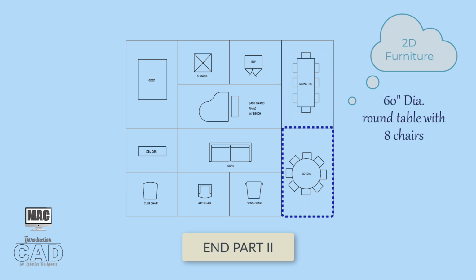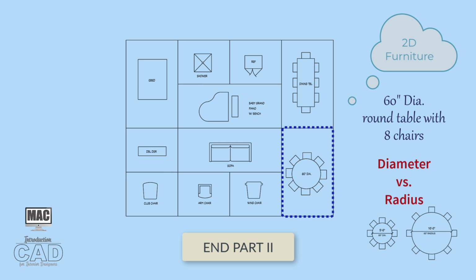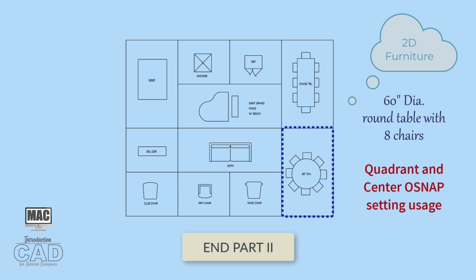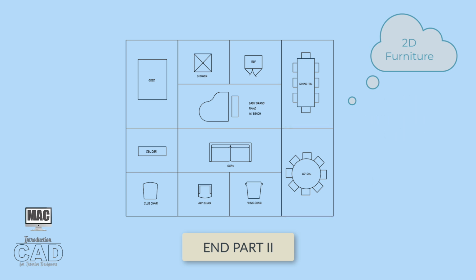The 60-inch diameter round table with 8 chairs highlighted the following learning outcomes. Circle command, understanding the difference between the diameter and radius values of a circle. The O-snap settings for precision drafting for a circle, such as center and quadrant. And finally, the Polar Array tool. This concludes part 2 of the 2D furniture exercise.